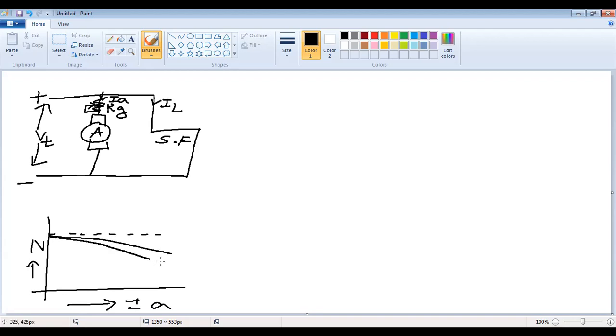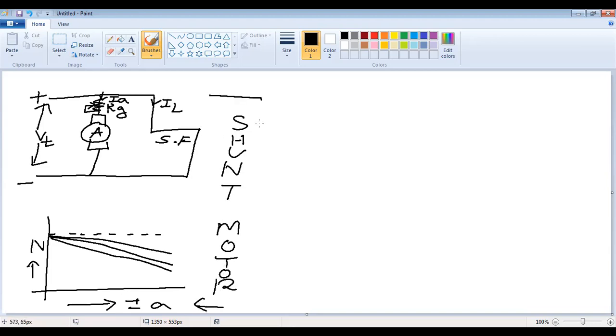It will decrease with time. This total circuit is for the shunt motor.